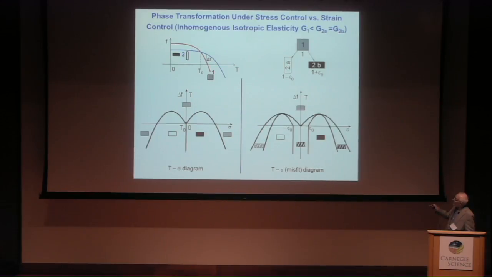You have a symmetrical picture that looks like this. You can see the area of the single phase, the area of a mixture of the phases, and the domain structure observed here.